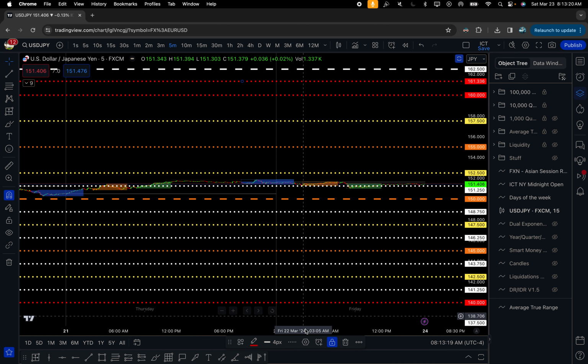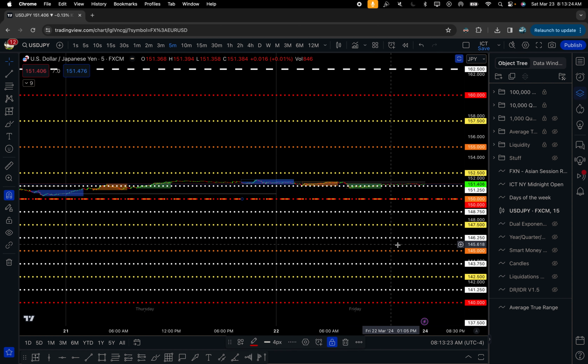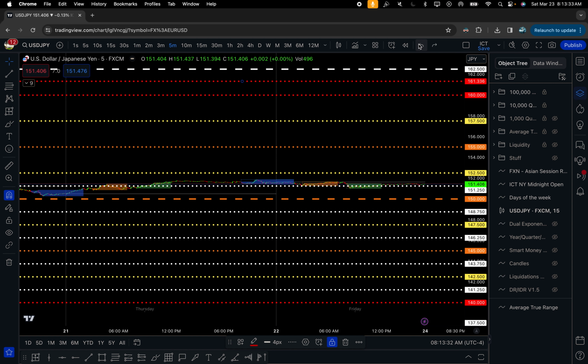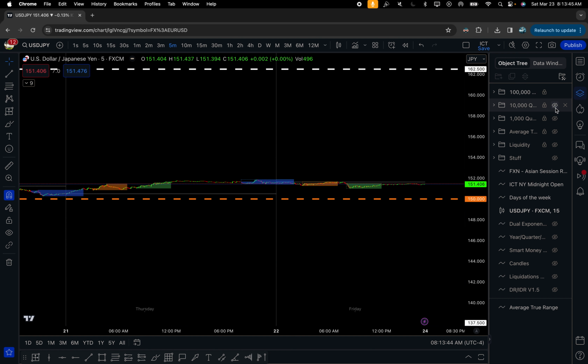If I was to do it like that, you see how that looks? That is absolutely not good. So that's what I'm talking about. So we just leave that one because that's the higher, more significant, more important level. See what I'm saying?